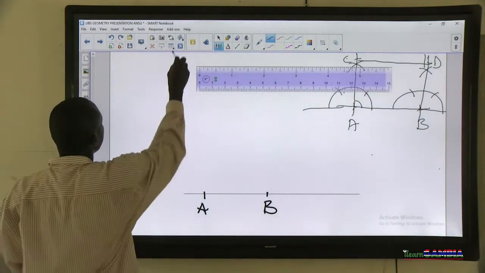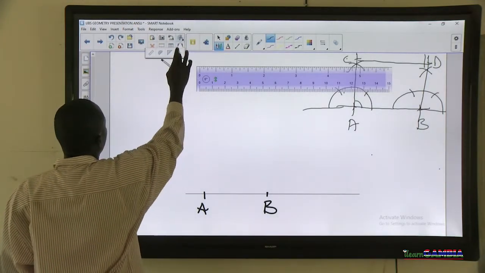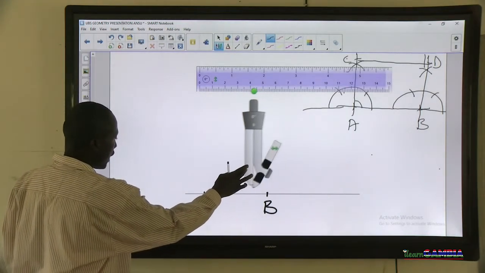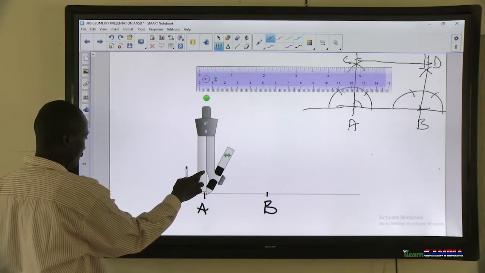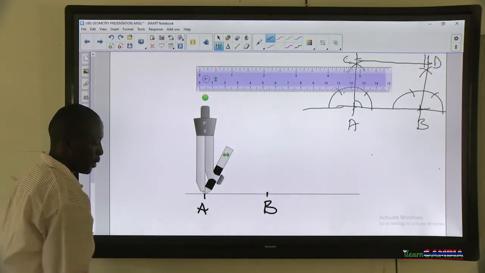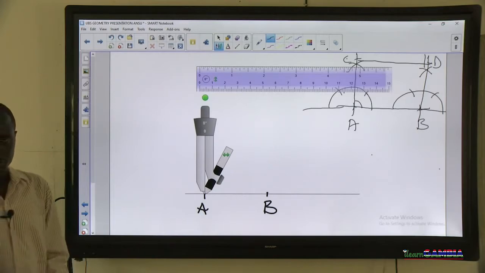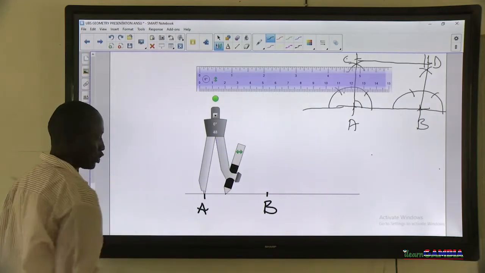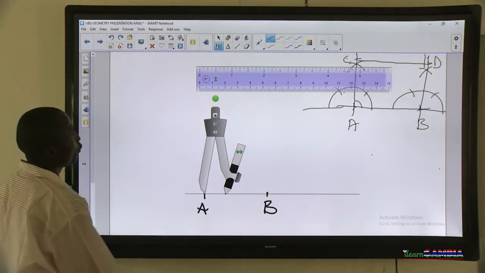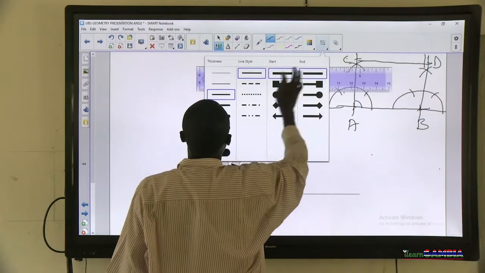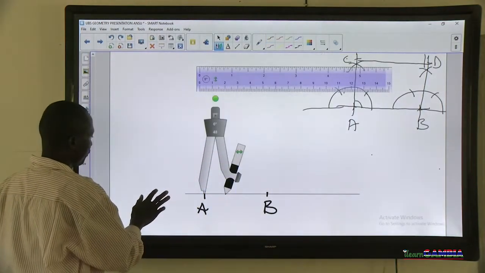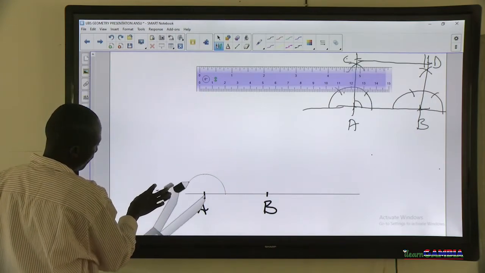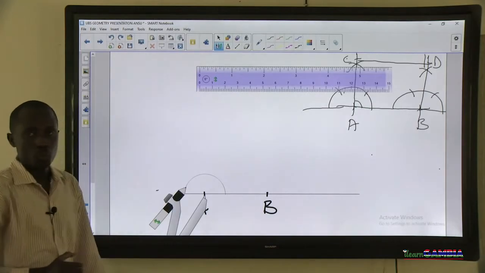I take my compass. I'll put the compass point at A. Open to a convenient radius and draw an arc. Maybe this radius is convenient for me. I am going to draw an arc that way with the same radius.